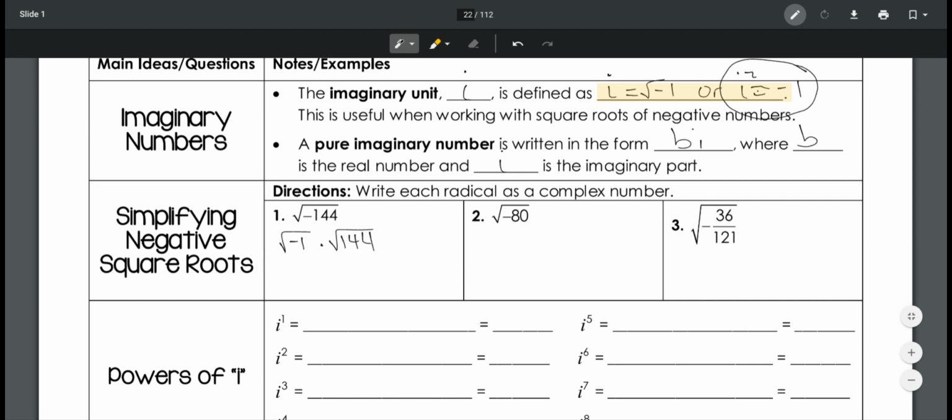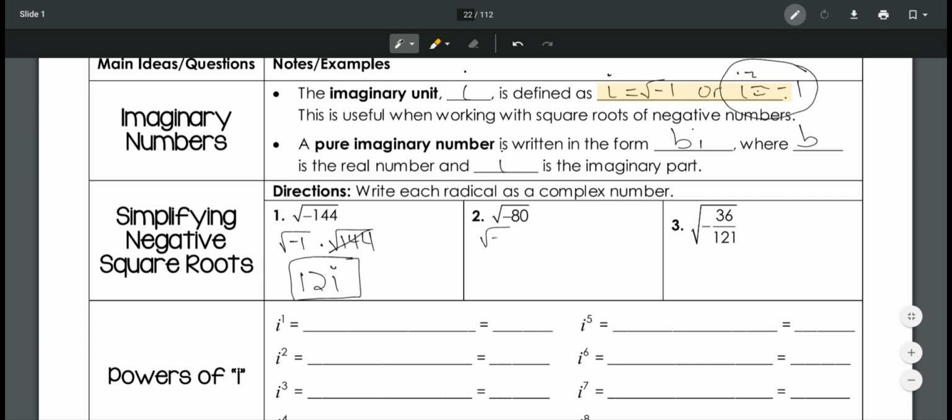Now we know from the rules of multiplying radicals, if we multiplied that back together, we would get -144. So I can take the square root of 144, and the square root of -1 is i. There is my complex number bi. Notice it's not bi squared or anything like that. It's just 12i.